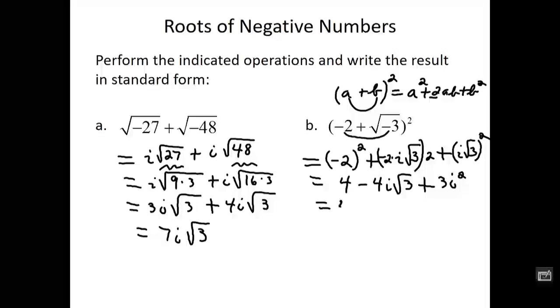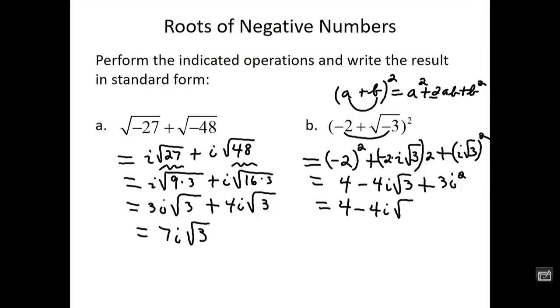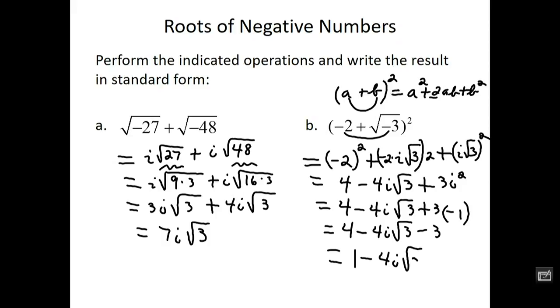So we have 4 minus 4i times the square root of 3 plus 3 times i squared, which is negative 1. Positive 3 times negative 1 is negative 3. Combining like terms, 4 minus 3 is 1 minus 4i times the square root of 3.